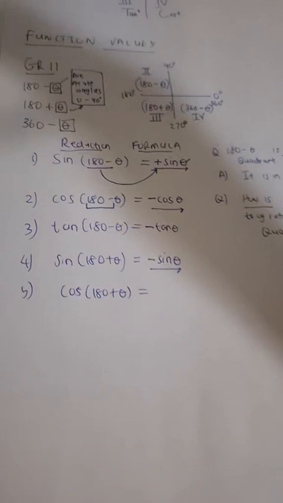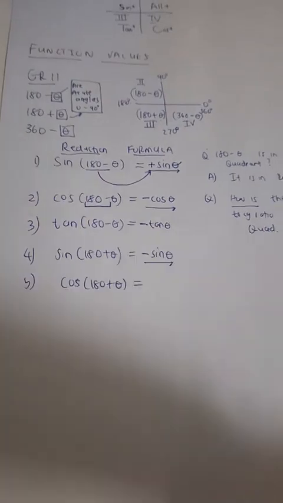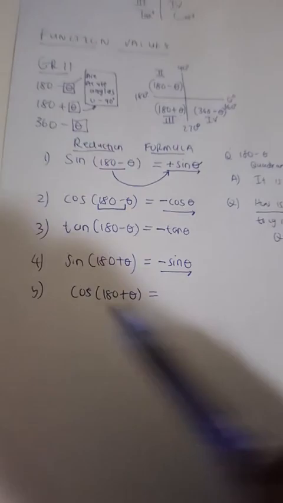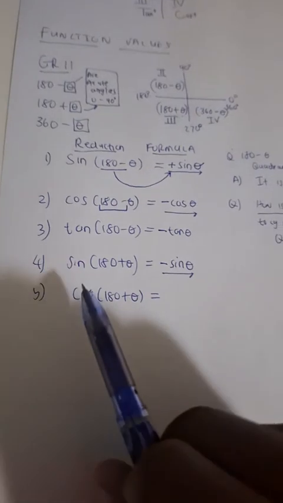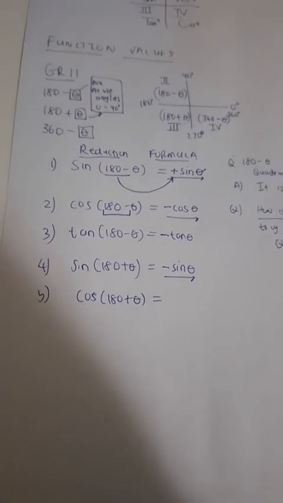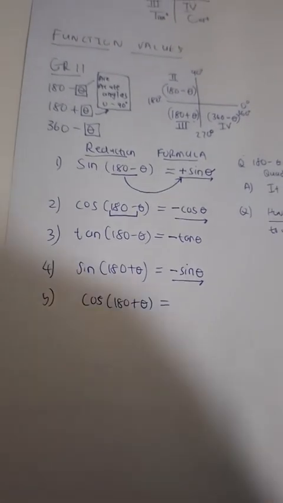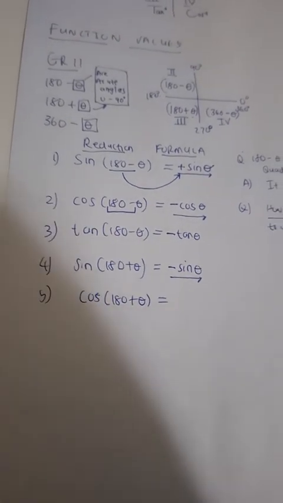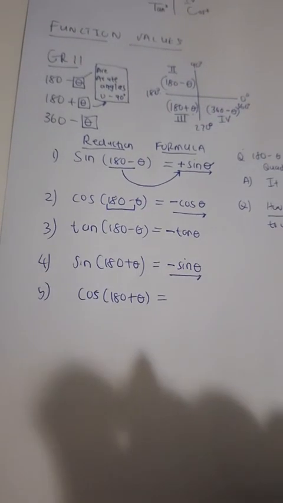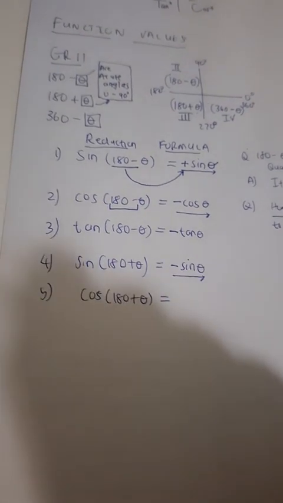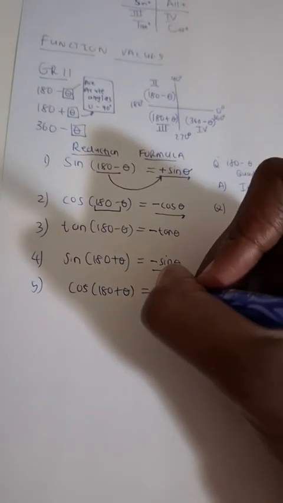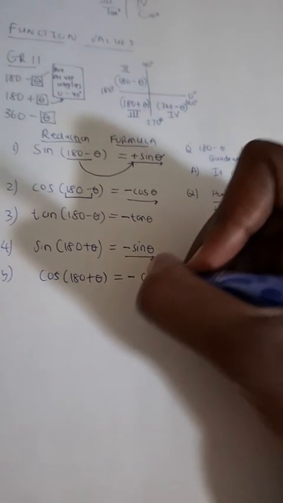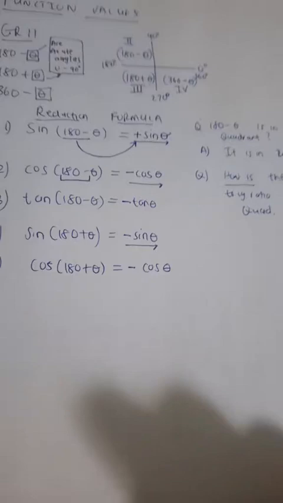You guys get this flow of what we're doing every single time. The 180 plus falls away, we assume the acute angle, and the cos tags along in there. So all in all, we have what? A negative cos of theta.